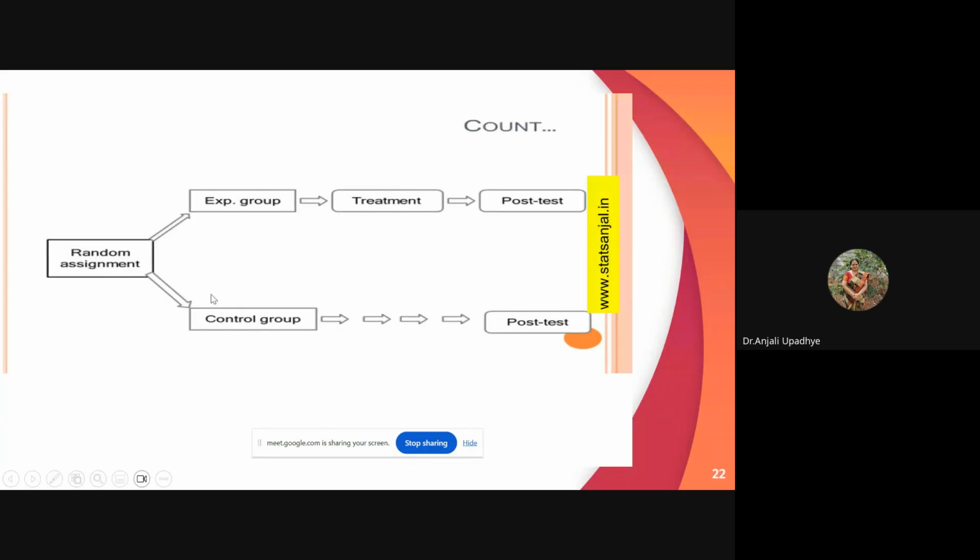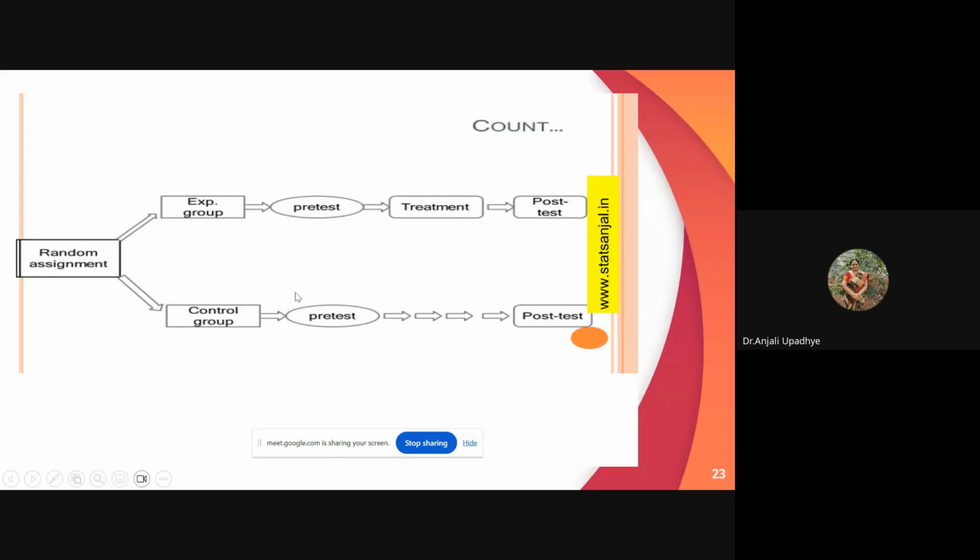So this is one example in which random assignment is given. Remember this: whenever there is an experiment, random assignment is always there. Experimental group, treatment is given, post-test. Control group, treatment is not given, but the post-test is done. Second, random assignment, experimental group: pre-test, treatment, post-test. Control group: pre-test is there, post-test is there.